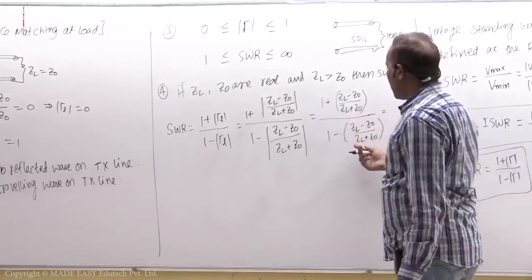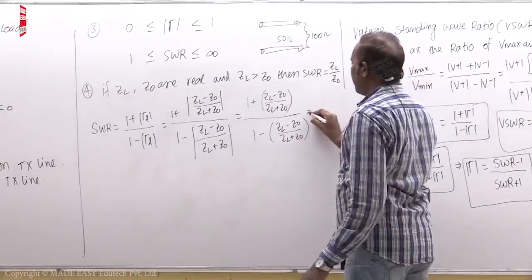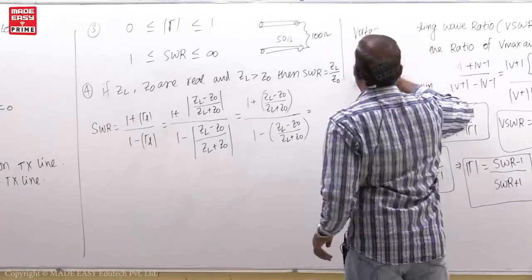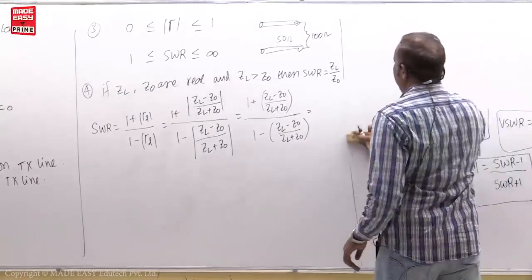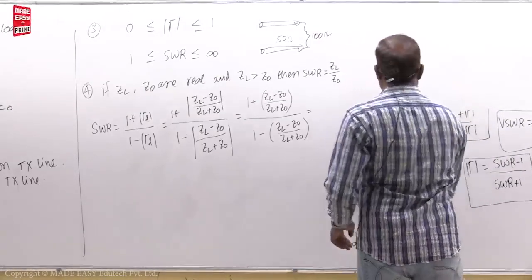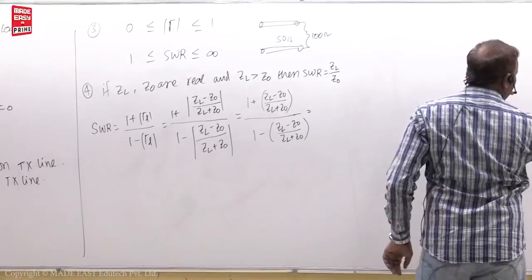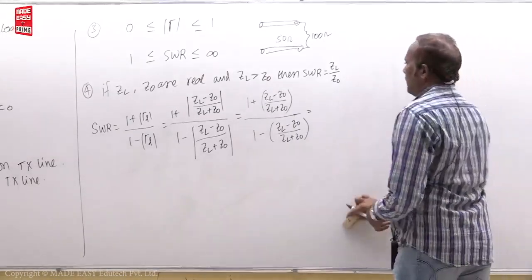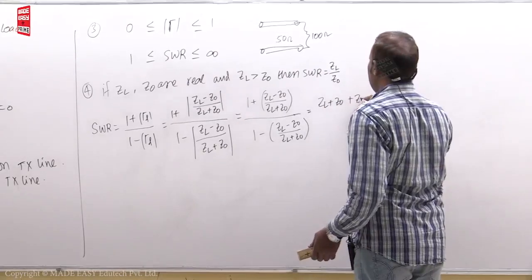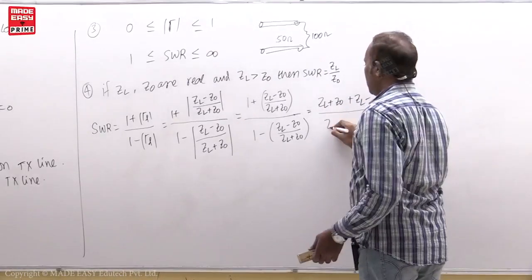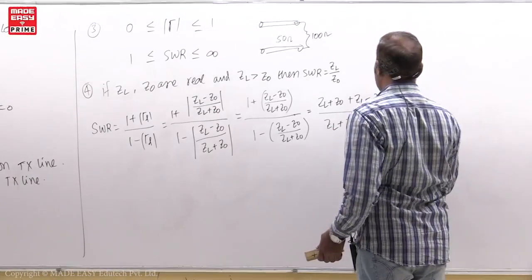So the denominator ZL plus Z0 is common, then you get (ZL plus Z0 plus ZL minus Z0) by (ZL plus Z0 minus ZL plus Z0).